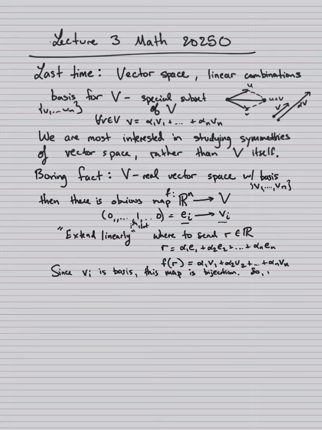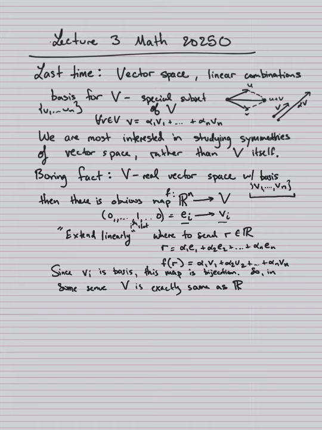So in some sense, v is exactly the same as Rn. In other words, when I'm looking at v, I've picked my favorite basis vi.